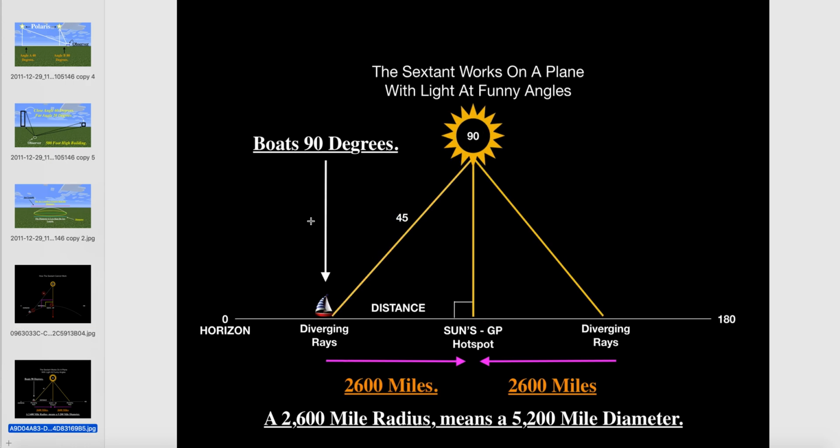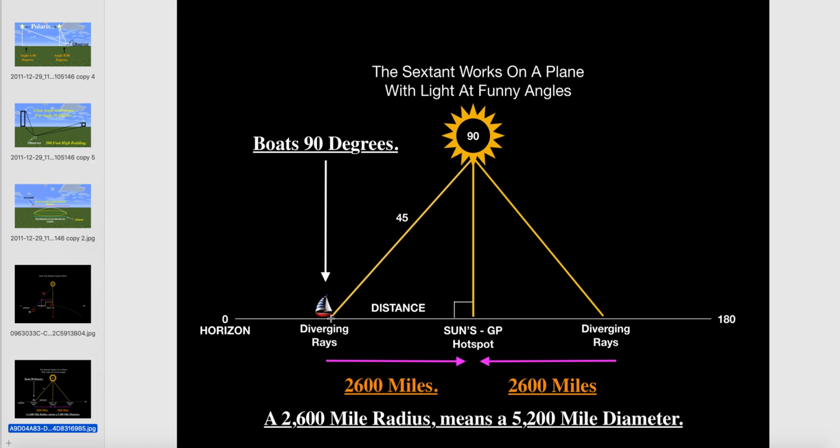Here is one I showed as well in my last video, just showing how you will have a 5,200 mile diameter of a circle of equal altitude if you've got a radius of 2,600 miles, which is common and often that they will have radii and diameters of that size and more.